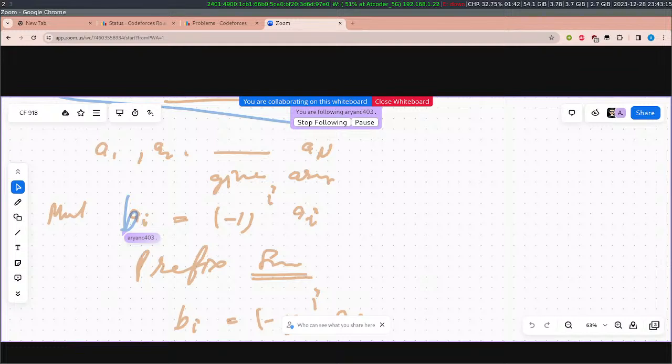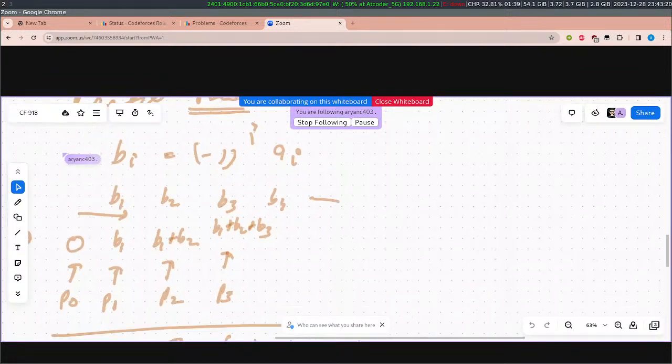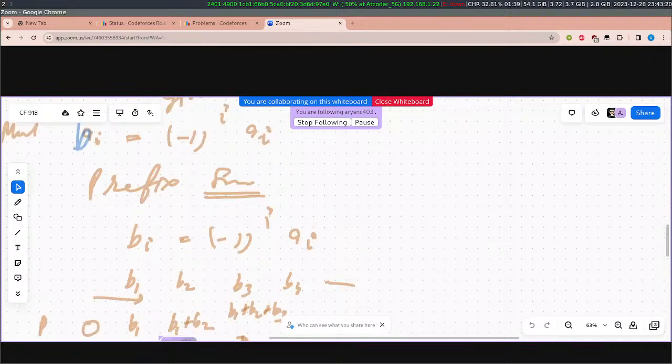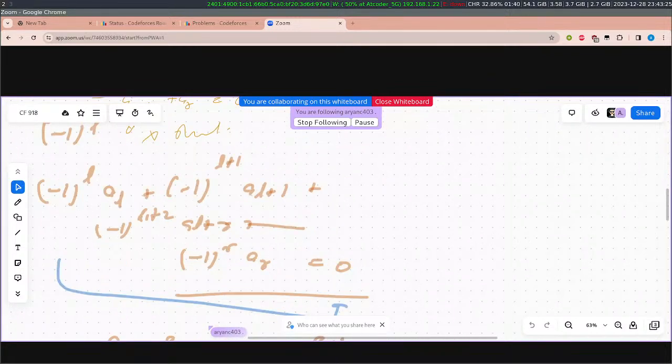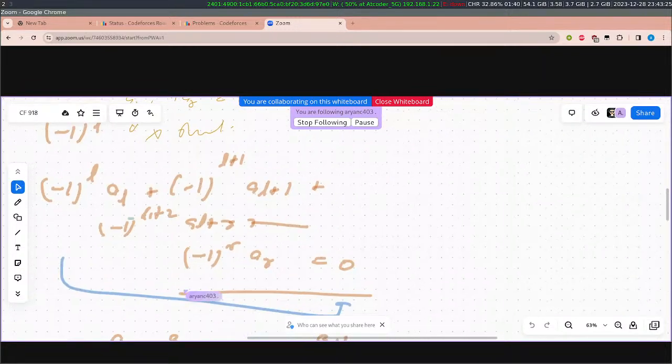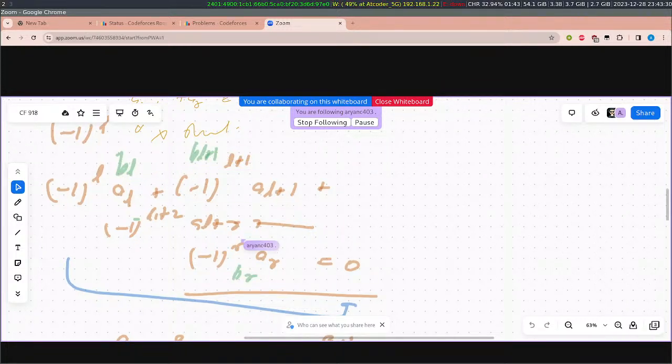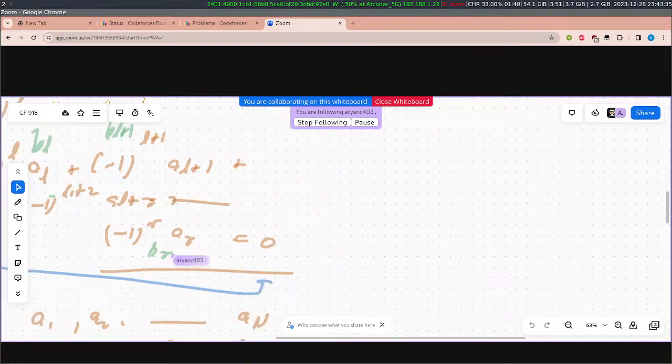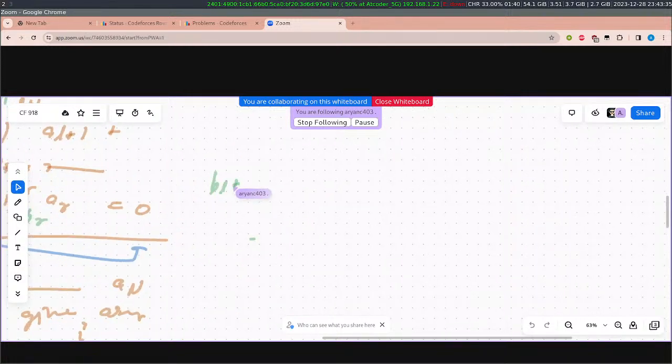Then this given summation changes to bl plus bl+1 up to br, and the whole problem reduces to checking if bl plus bl+1 up to br is 0, where bi is minus 1 to the power i ai.